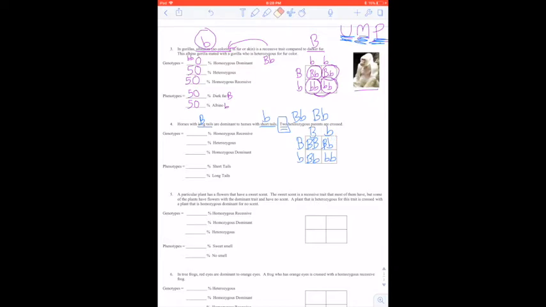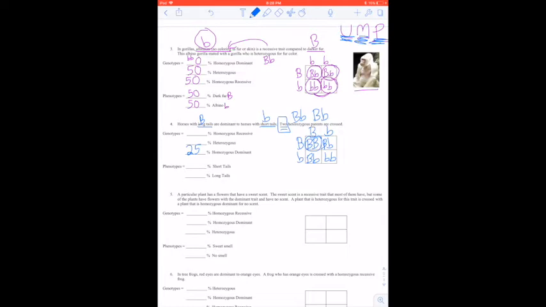Now if we go ahead and look at the first box, I see I have two capital B's. You always think to yourself, same or different. Those are the same, so I'm going to use the word homozygous. And then if I look at my choices, I have homozygous recessive or homozygous dominant. Dominant is capital, so I only see one box like that. I'm going to write 25% homozygous dominant.